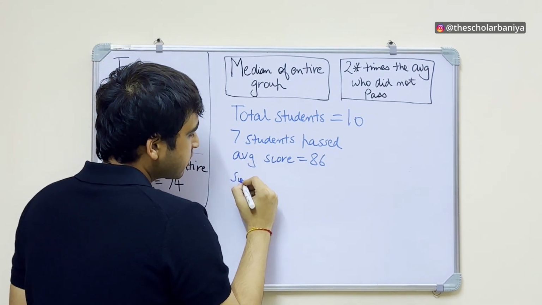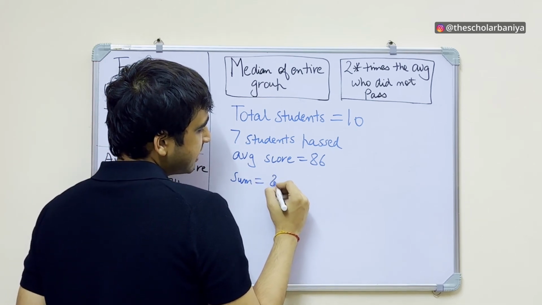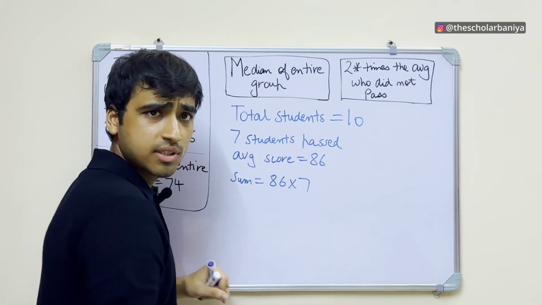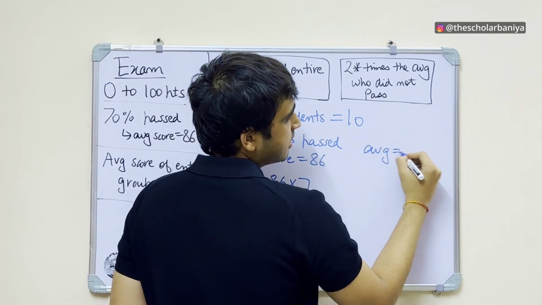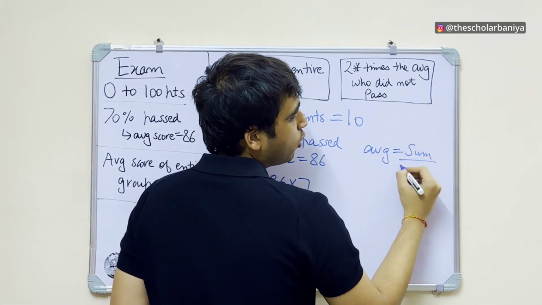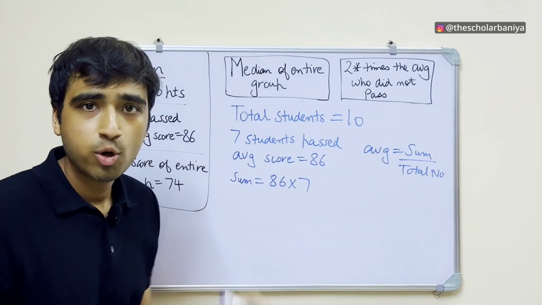The sum will be 86 into 7, because the average is sum upon total number.